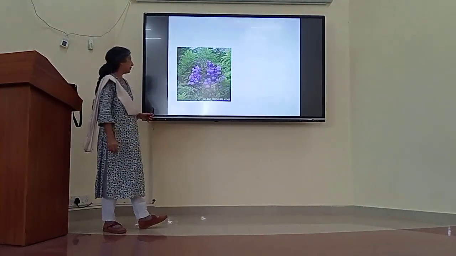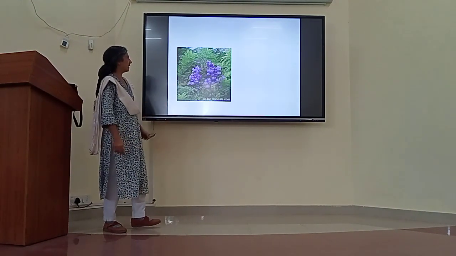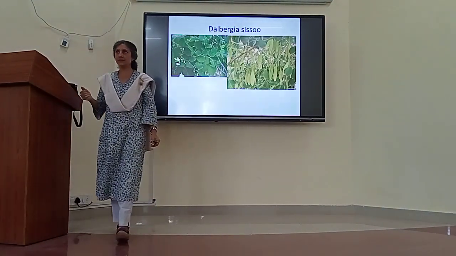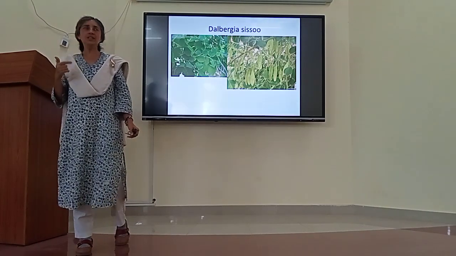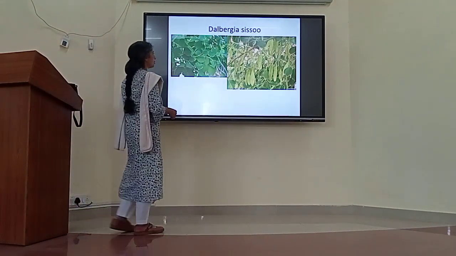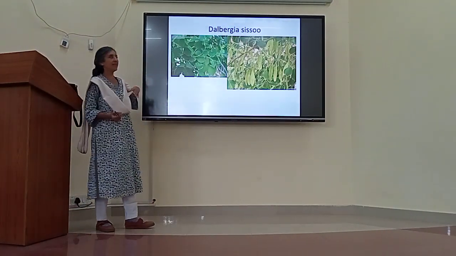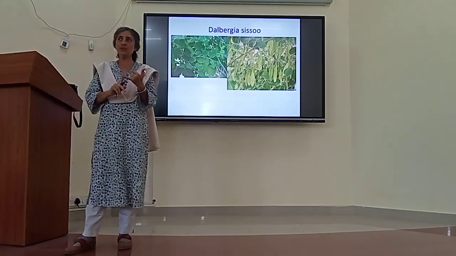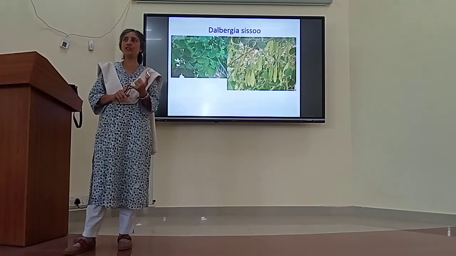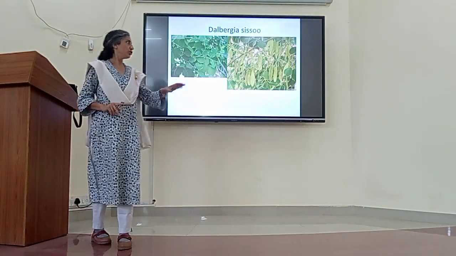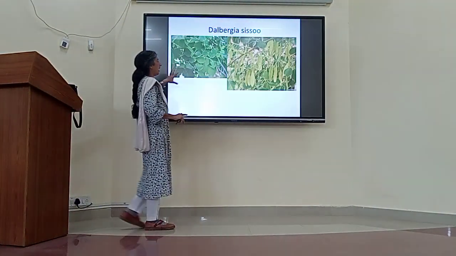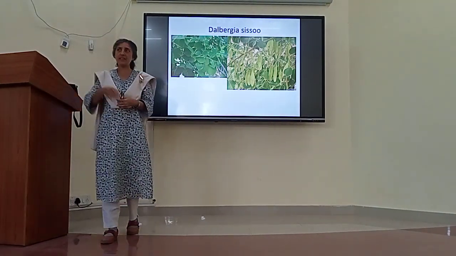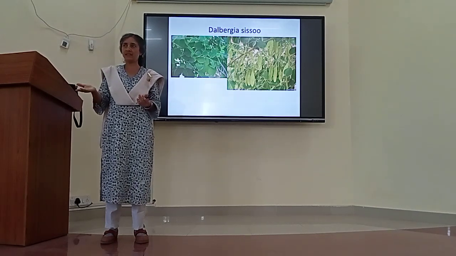Then you have another tree which is Lantana. You have seen that in our botanical garden. Then we have Shisham. Shisham is called Dalbergia sissoo. Its leaves are very similar to Dalbergia latifolia. So we have two here, rosewood and Shisham, Dalbergia latifolia and Dalbergia sissoo. Both of them come under very high quality and highly priced woods. They are the most costly wood, even costlier than teak.